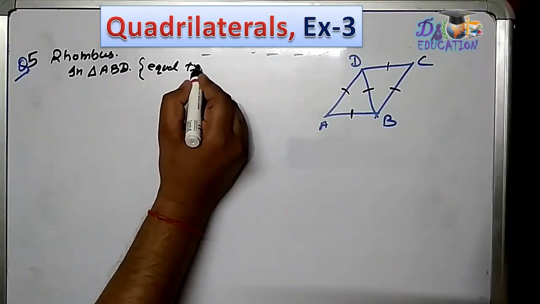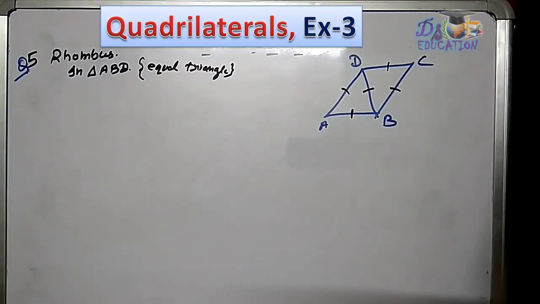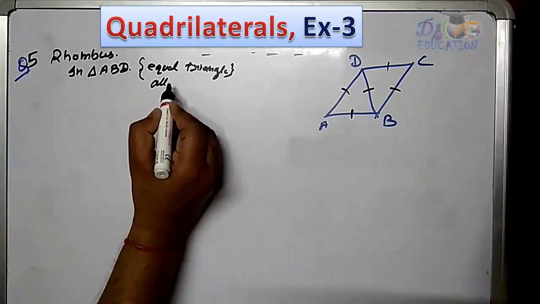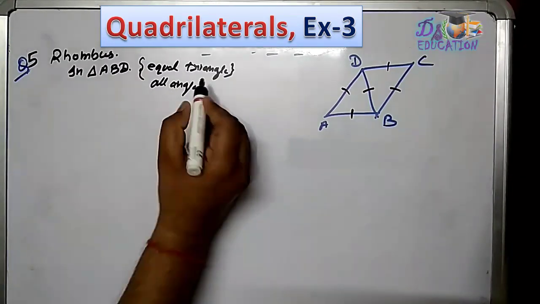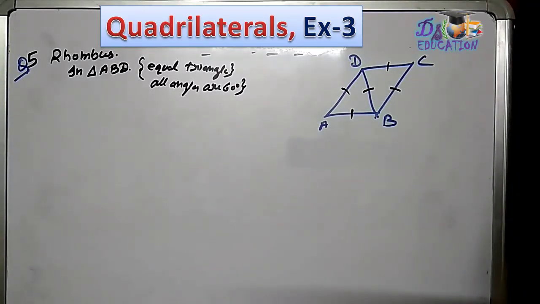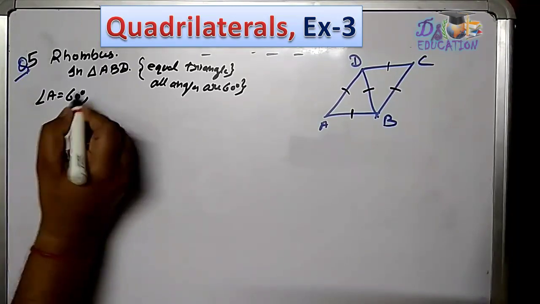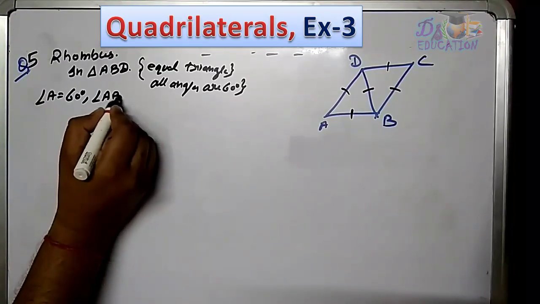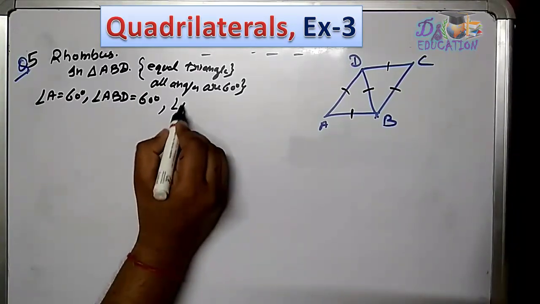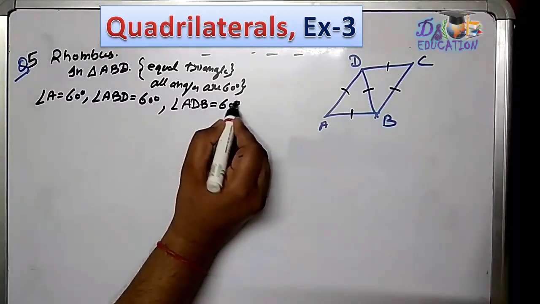Equilateral triangle. Okay, now you know what an equilateral triangle is. What is the property of an equilateral triangle? All the three angles are 60 degrees. That is, angle A is equal to 60 degrees, angle ABD is equal to 60 degrees, and angle ADB is equal to 60 degrees.